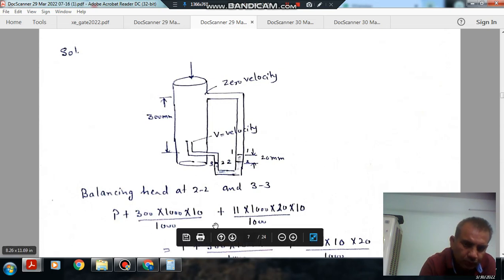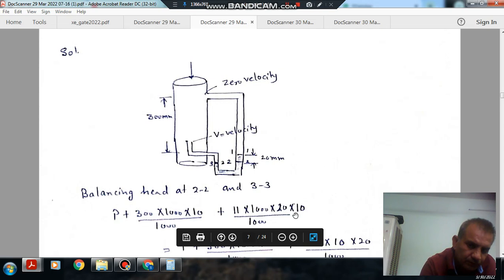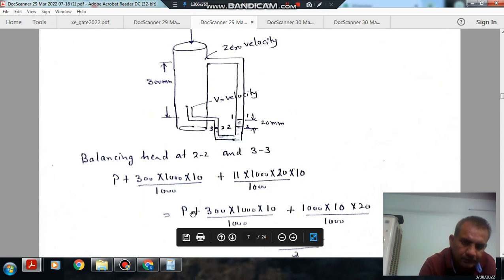Up to now we have found the pressure at 1: pressure P plus the pressure due to head above 1. The pressure due to the magnetic fluid between 1 and 2 is 11 into 1000 into 20 into 10 divided by 1000. 20 by 1000 is in meter, this is the density of the magnetic fluid, and 10 is g. So this is the pressure at section 2.